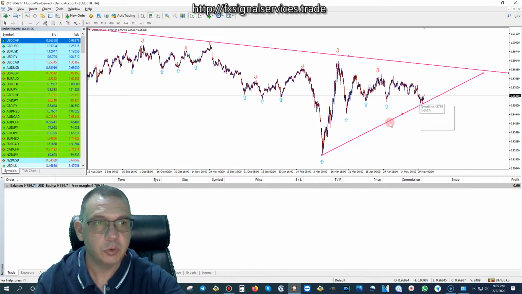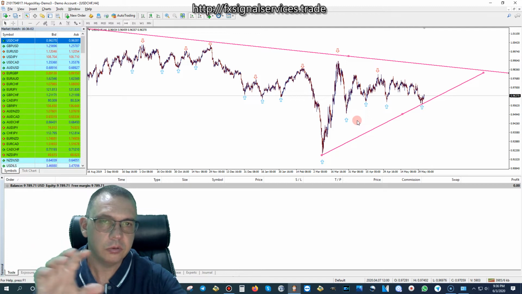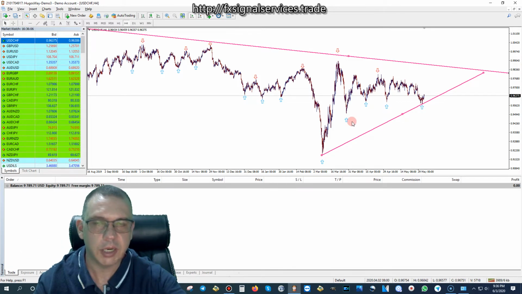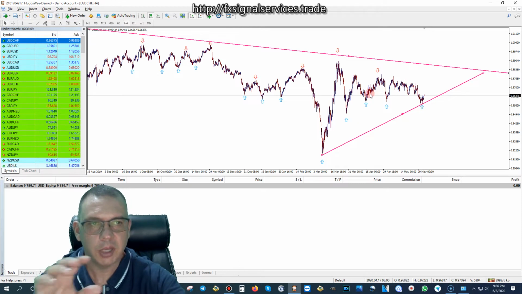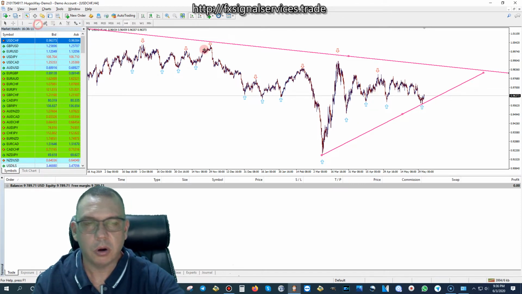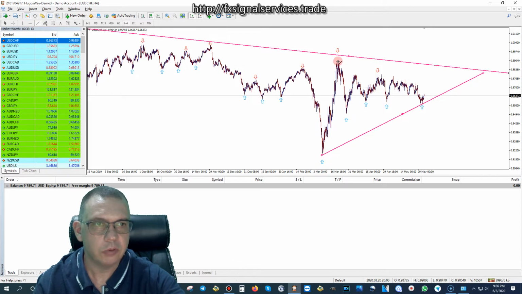Again, we see our support and resistance that we marked earlier, but we also can see that we have support and resistances within the smaller time frames. So we have, like I said, a lot more red and blue arrows. We can mark our resistance right here, coming from this point down like this.